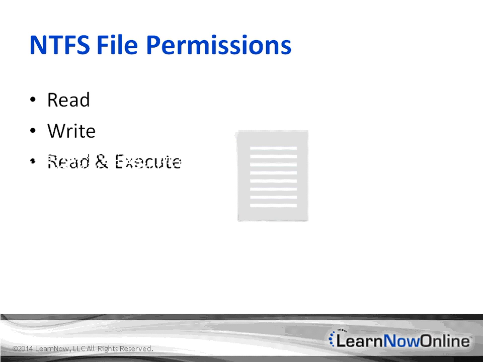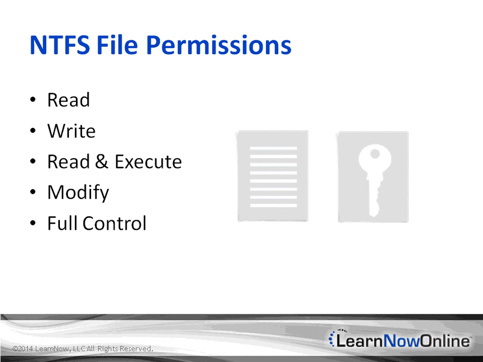So the basic permissions for NTFS are read, write, read and execute, modify, and full control. Read permission is pretty self-explanatory. It means I can read the file. Write is self-explanatory. Read and execute means I can read the file, and if it's a program, I can execute it.